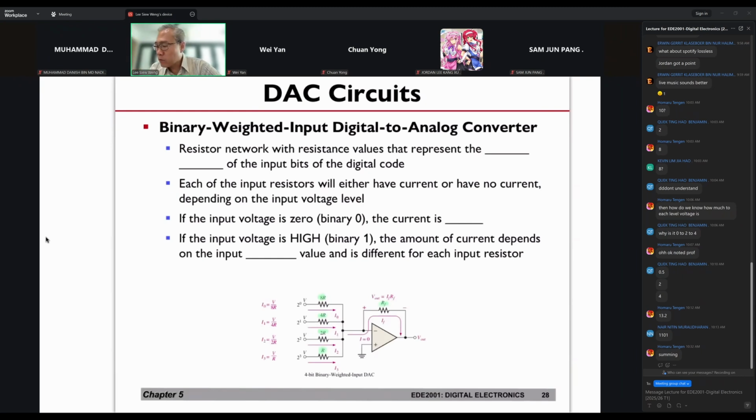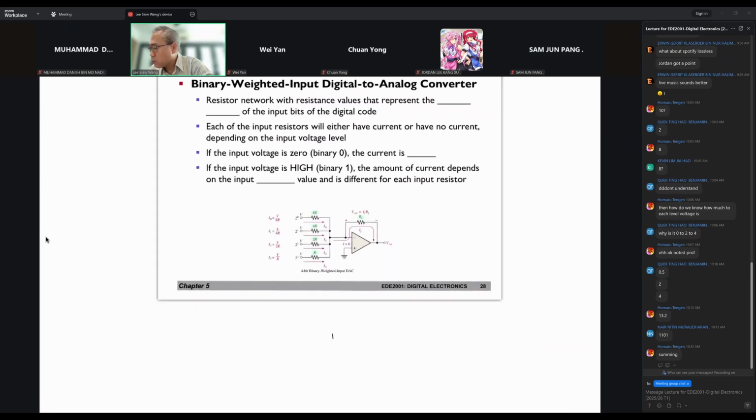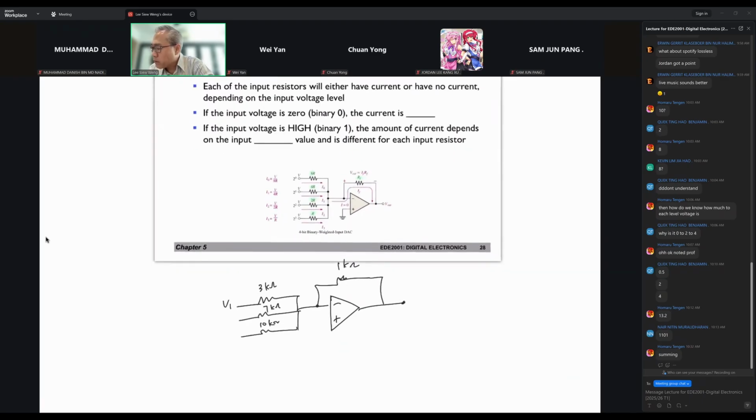Now, if you do remember what your summing amplifier does, this is how your summing amplifier looks like. Let's say this is 1 kilo ohm, this is 3 kilo ohm, this is 7 kilo ohm, this is 10 kilo ohm. So this is V1, V2, V3. What does this summing amplifier do?